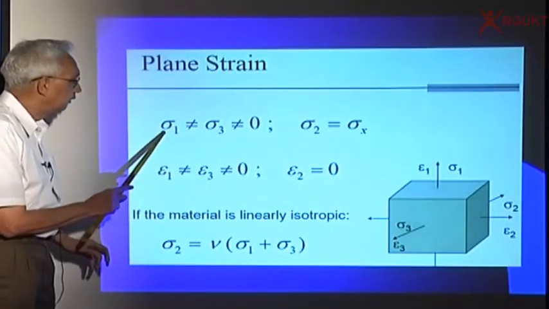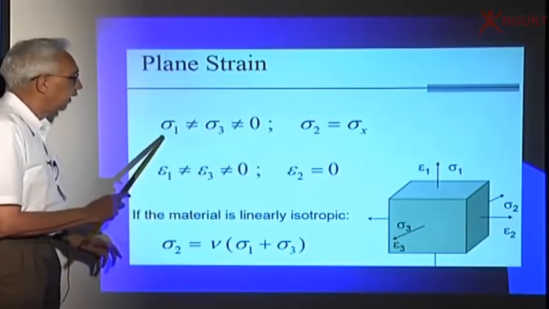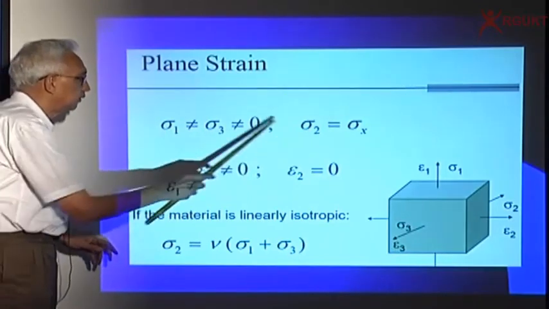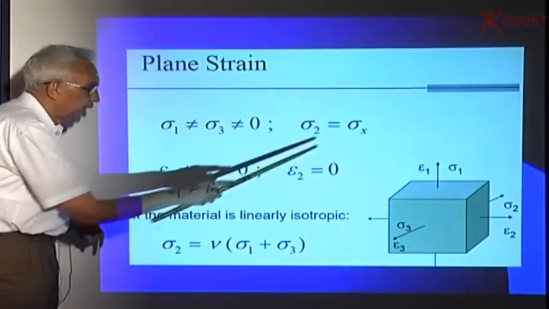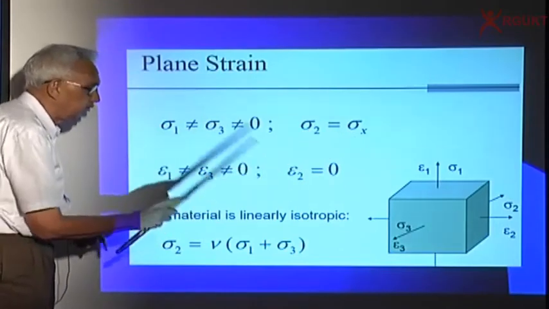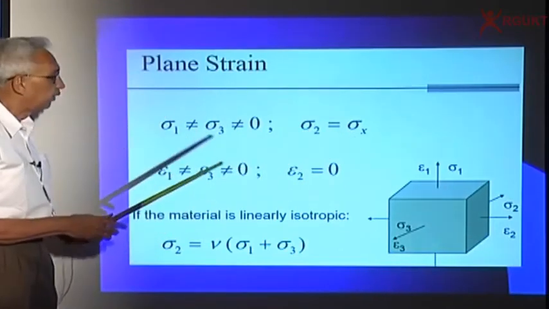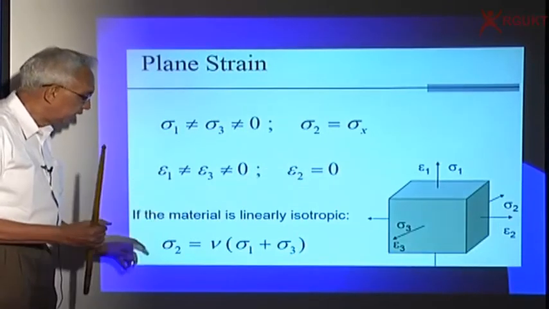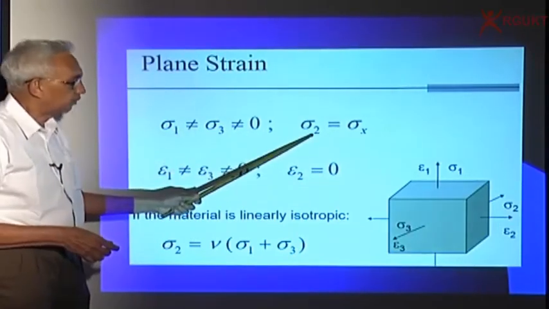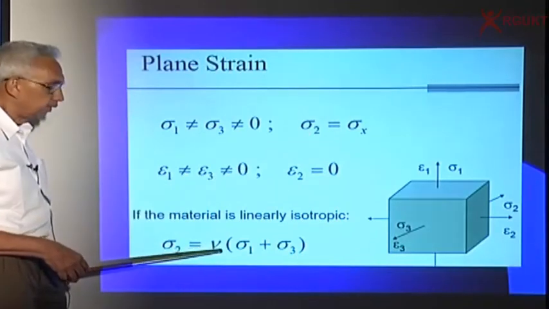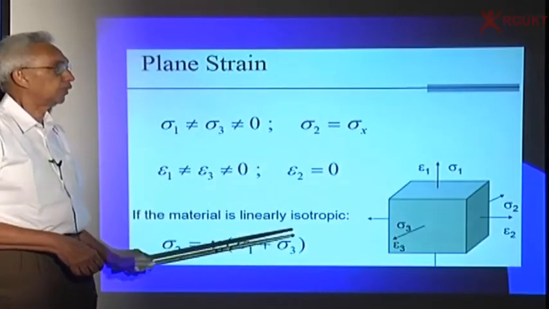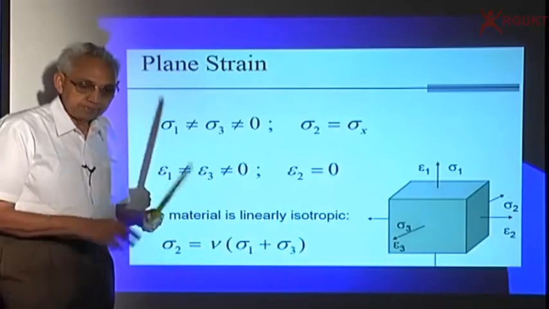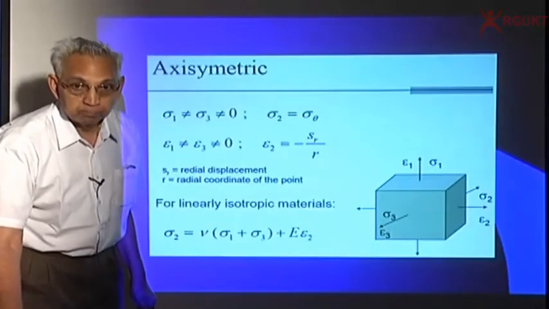Whereas you can have all the 3 stresses and they are different, sigma 1, sigma 2, sigma 3. You can have strain in the vertical direction and in one of the lateral directions, but no strain in the longitudinal direction. And you can also define the stress sigma 2, which is given by Poisson's ratio times (sigma 1 plus sigma 3). These problems are called plane strain problems.